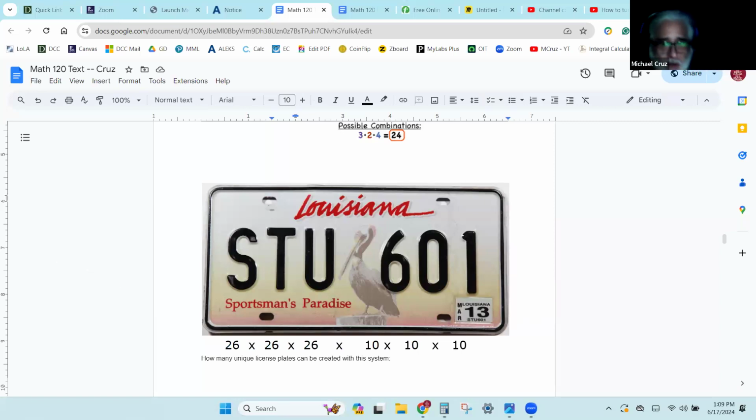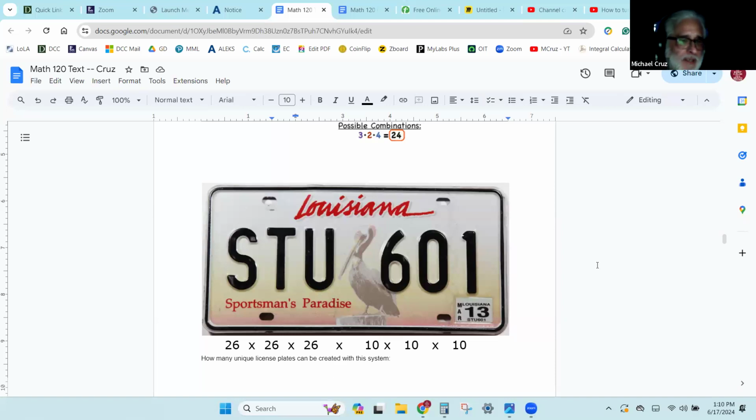So we're not concerned about just this one license plate. We know what that license plate says. But with this scheme, in other words, S can be A through Z, 26 choices. The second one could be A through Z, again 26 choices. And then U, same thing, 26.